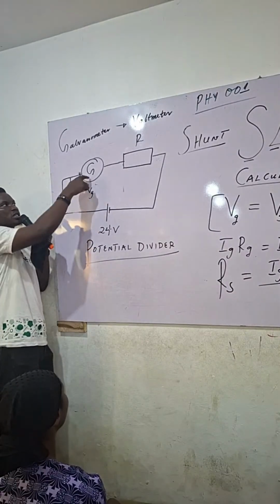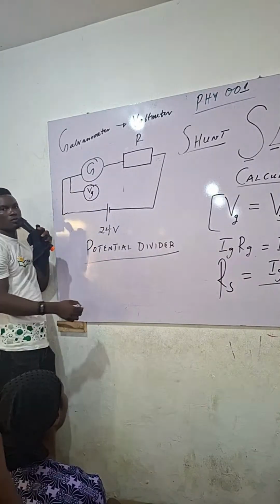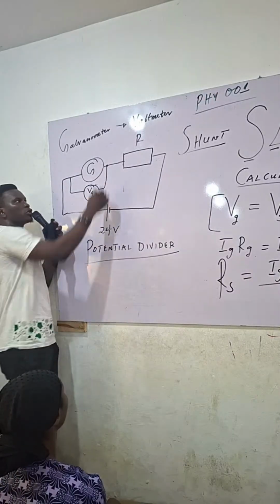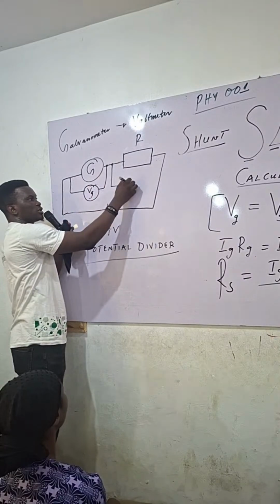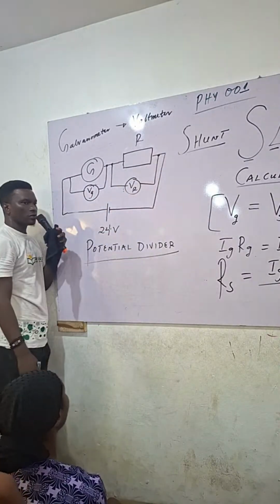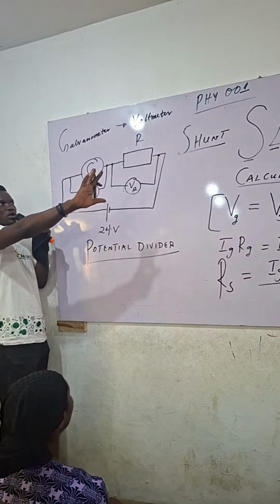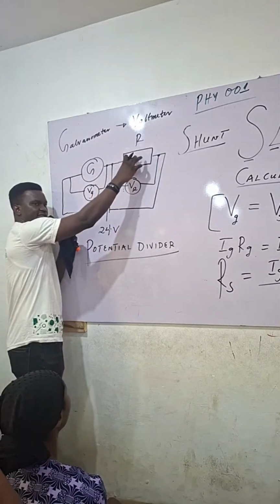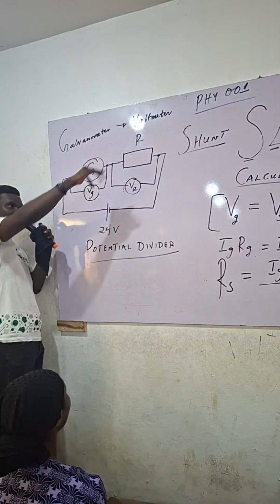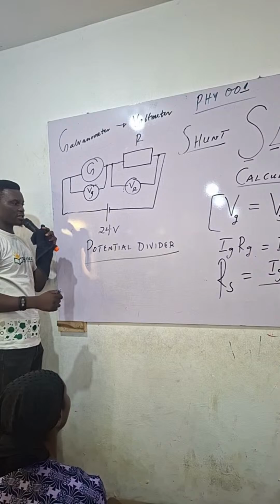Let's say the potential across this guy is VG. Then connect it across VG. The potential across this guy, let's call it VR. Then connect it across VR. So now, I've done it in such a way that there will be a potential loss here, and there will also be a potential loss here. I've connected them in series.